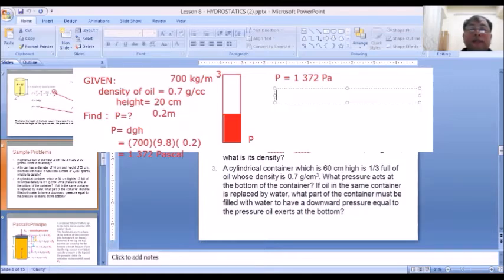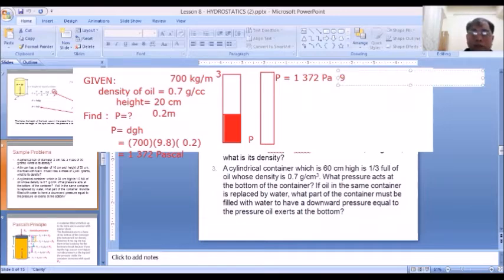I want to achieve the same amount of pressure at the bottom. How high should the water be, para nga mag-parehas ang iya pressure?